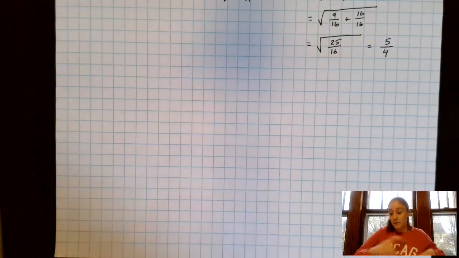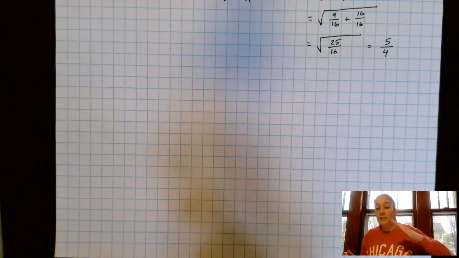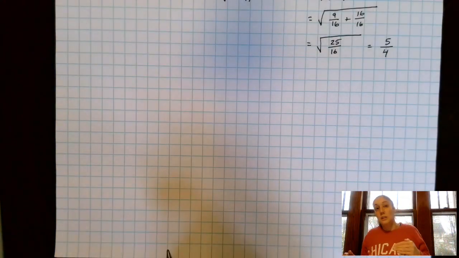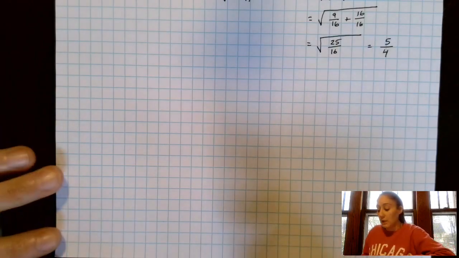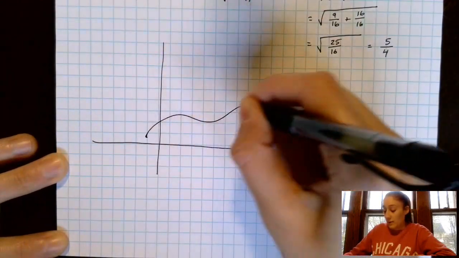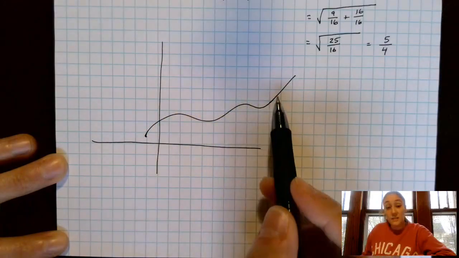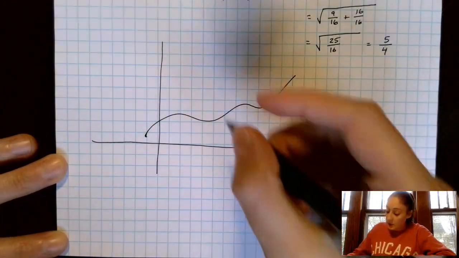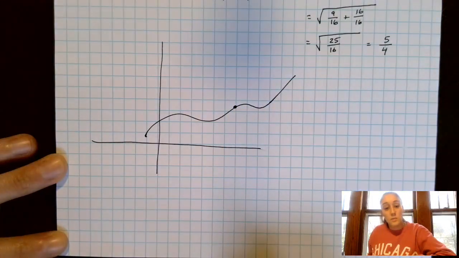In real life, graphs don't really look linear. Things don't exactly change the same amount all the time. There are certain things that might, but more realistically, things don't. Let's say you had a graph that looked like this. This is a curve, not a straight line.